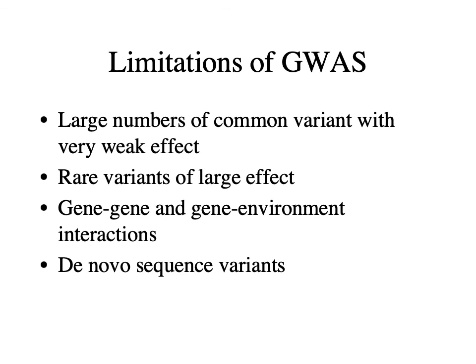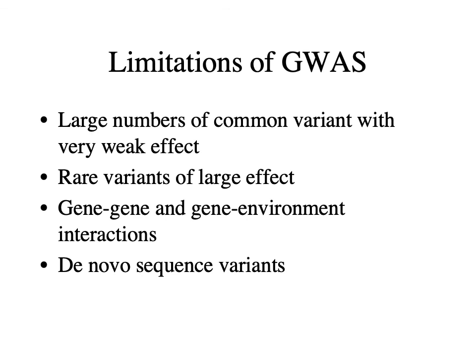Now, there are a number of limitations of genome-wide association studies, and that can be that large numbers of common variants have weak effects, so sometimes the associations can be mixed. In addition, rare variants that have large effects can weigh in on the ability of genome-wide association studies to make an accurate call.